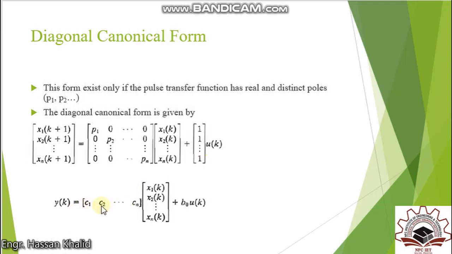Those A and B coefficients are actually the values of the output vector matrix C, whereas the D is the same as in the previous cases. You can also easily understand this whole scenario when we solve the example in the upcoming slides.